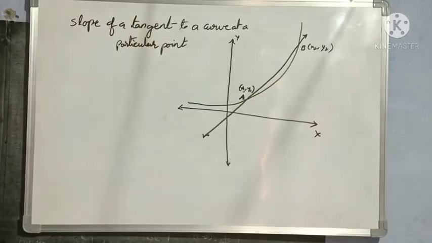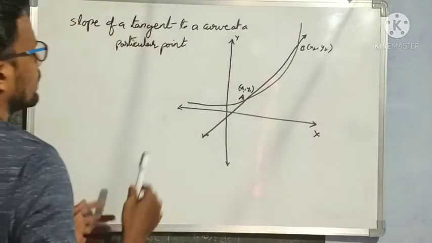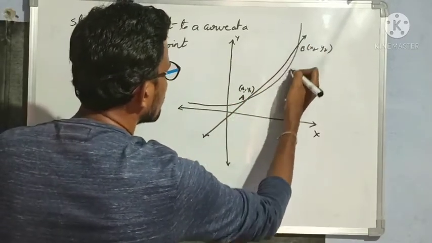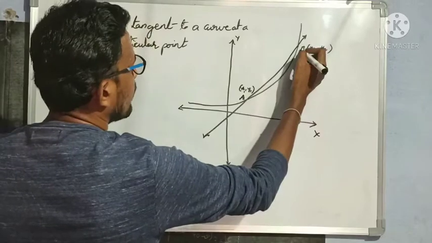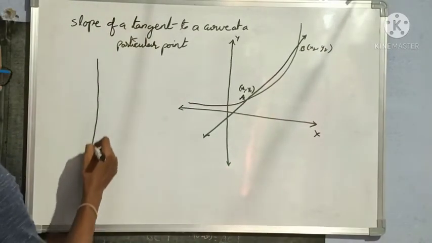Already while taking the right hand derivative, but no need, just the same concept I am using here. What I am doing is reducing the distance between A and B such that this secant forms a tangent. Again I am drawing the diagram here.